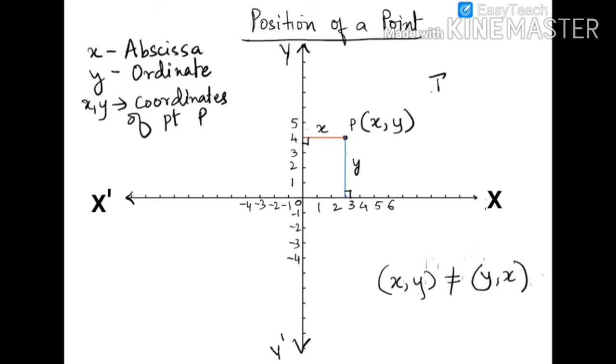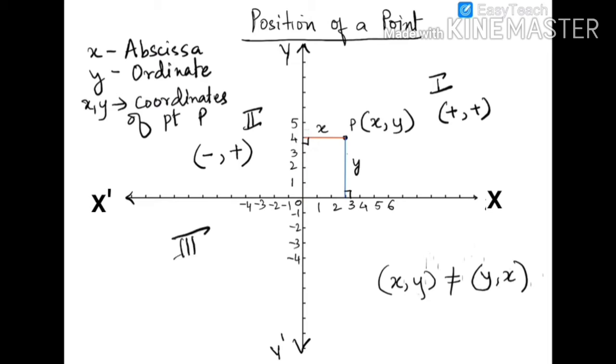A point that is in the first quadrant will have both coordinates positive, as the first quadrant is made using the positive axes. A point in the second quadrant will have a negative x coordinate and positive y coordinate, because it is made with the negative x-axis and positive y-axis.